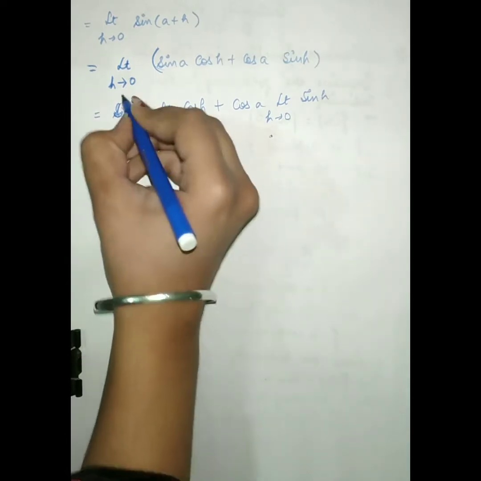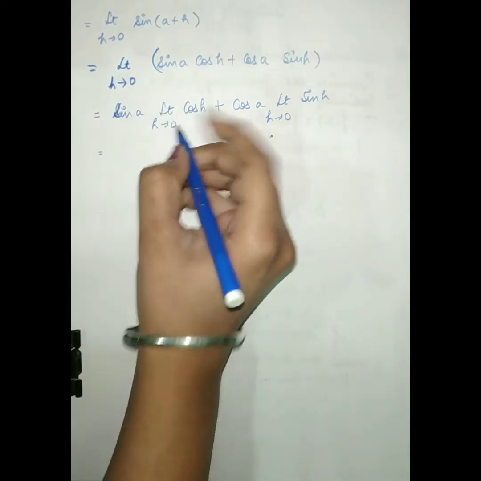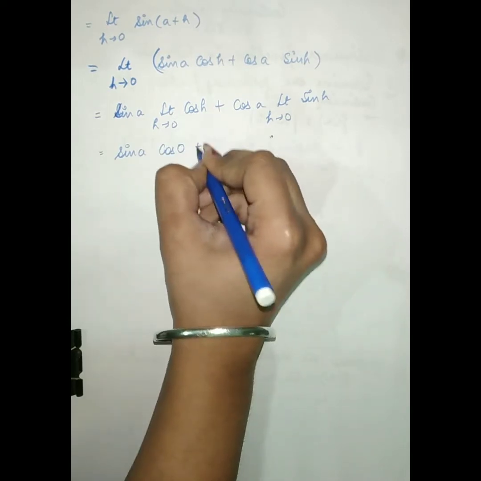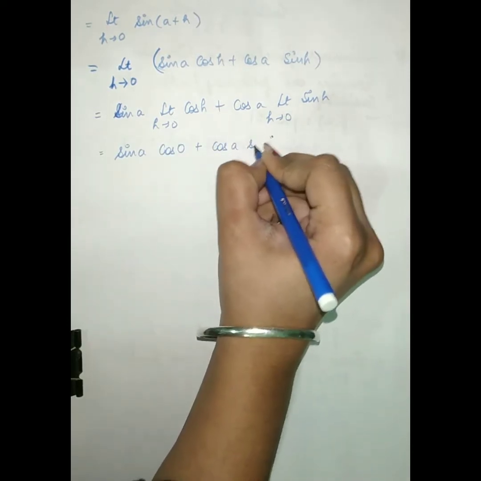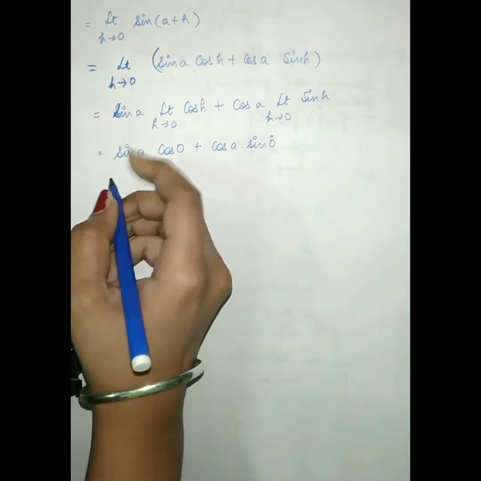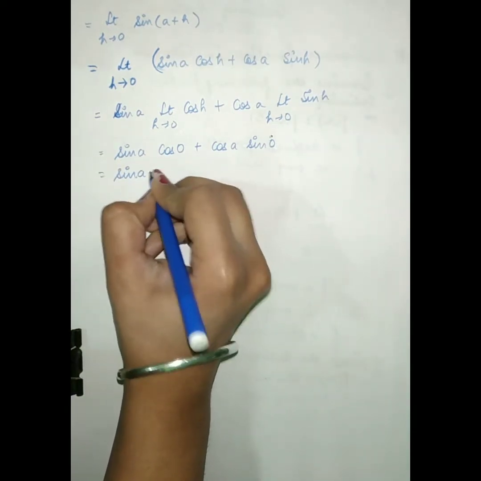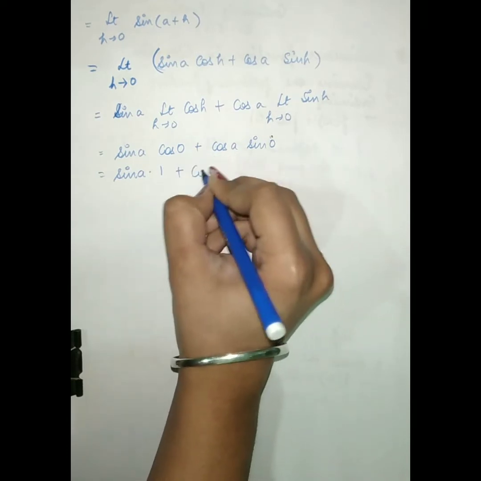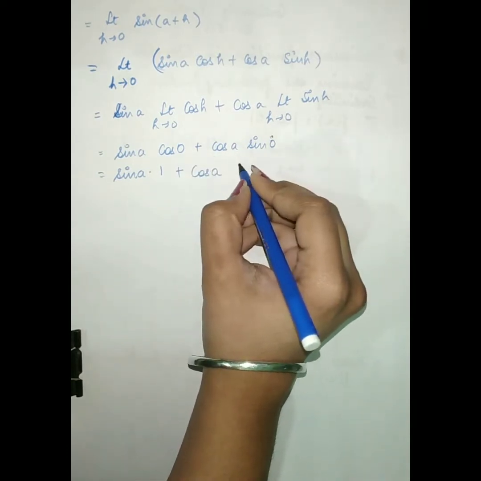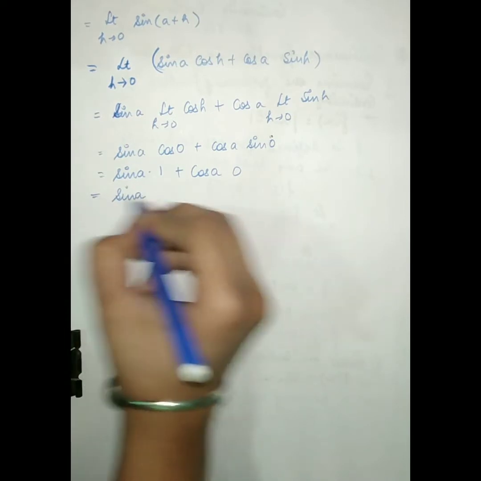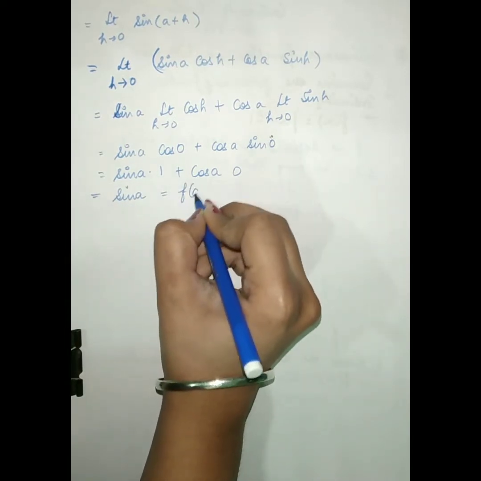Now we put the limit h approaches to 0, then it will become sine a cos 0 plus cos a sine 0. And we know that cos 0 is 1, so it will become sine a into 1 plus cos a into sine 0 is 0. So we get sine a, which will be equals to f of a.